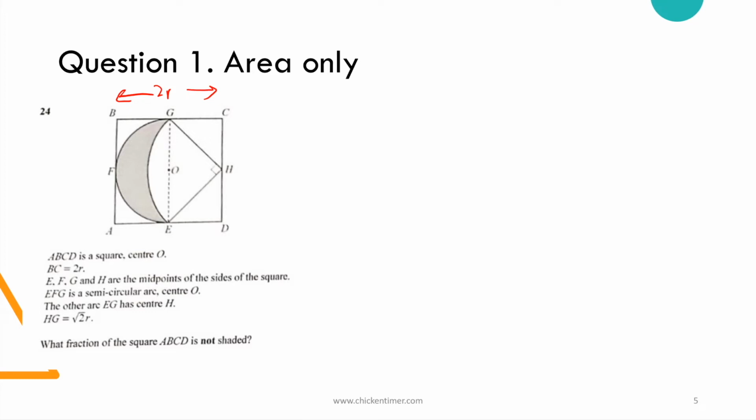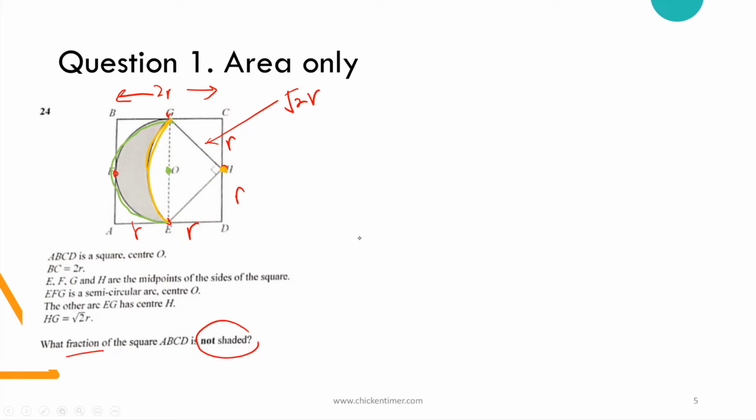E, F, G, H are midpoints, so that means here is R and here is R. We have E, F, G, which is this, a semicircle with center O. We have another arc sector, which is this EG, and it has a center of H. So then HG is root 2R. Then they are looking for which fraction of the square is not shaded.